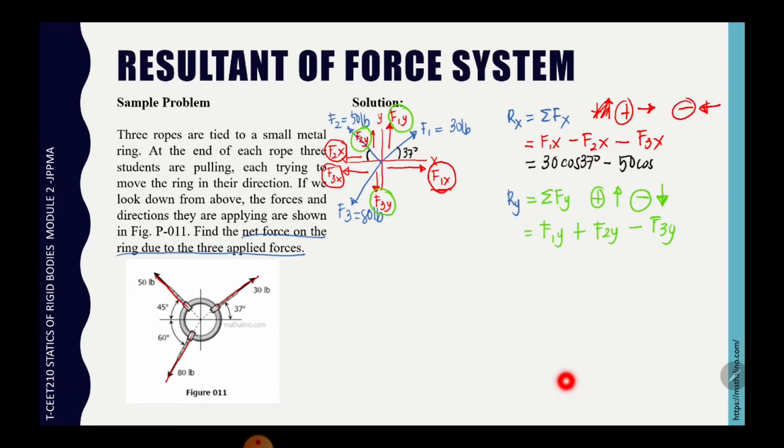Meron tayo ditong angle na 45 degrees. So, 45 degrees minus 80 cosine. Ilan yon? 60. Kasi, ang angle nito ay 60 degrees. Okay? Para makuha natin, we will use the calculator and the value will be 1.40 lb.